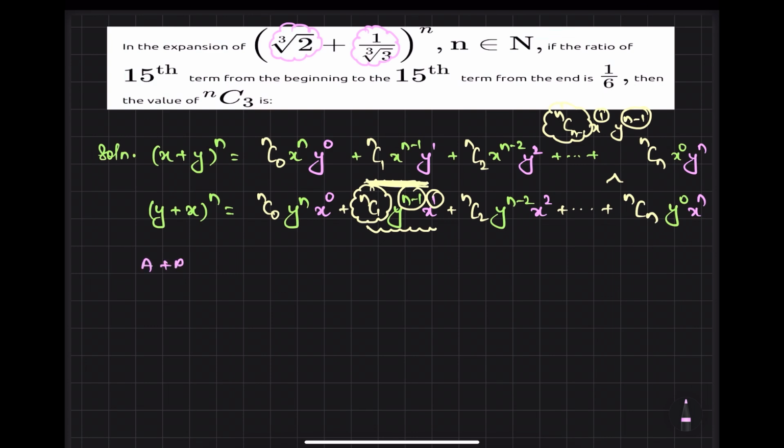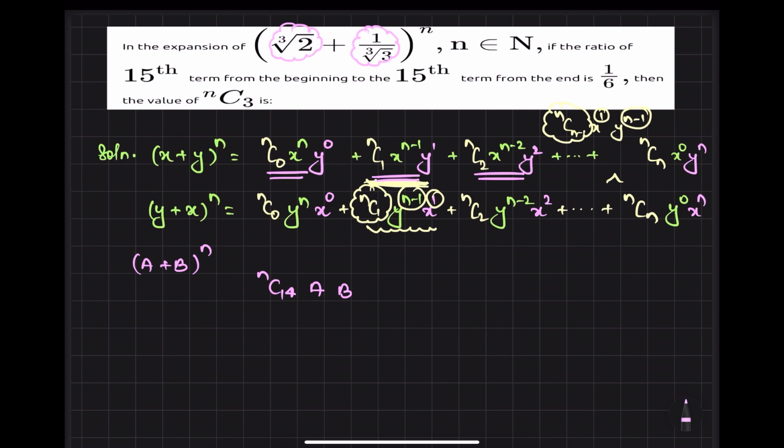So think about (a + b)^n. This will give you the 15th term from the start, and you know that in the first term the lower subscript of C is 0, in the second term it is 1, in the third term it is 2. So in the 15th term the lower subscript of C will be 14, so nC14, and then you will have a and b.